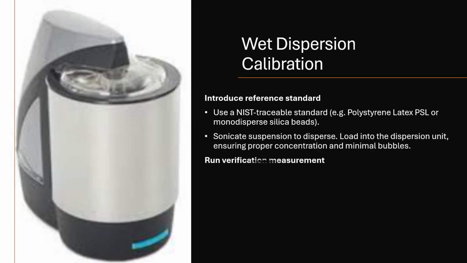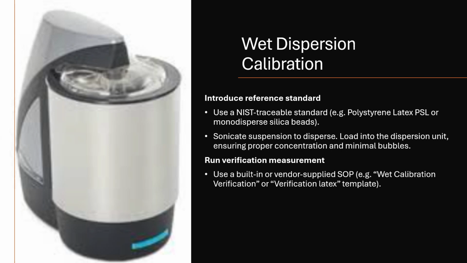And when you have put those particles into the equipment, then run the verification measurements. You can use built-in or vendor supplied SOPs such as wet calibration verification or verification latex template. In the Mastersizer 3000 there is an automated SOP created by the vendor.